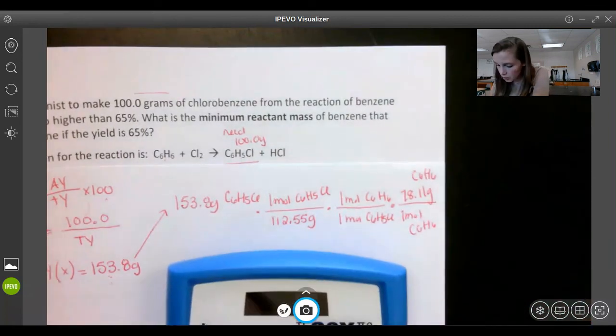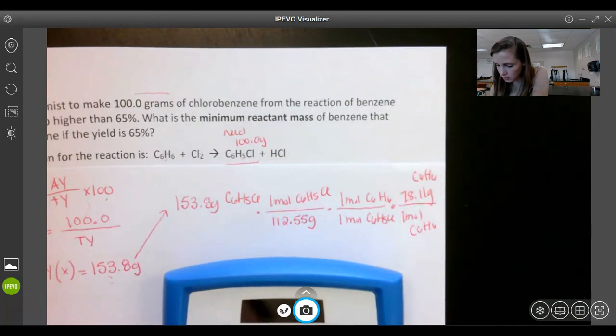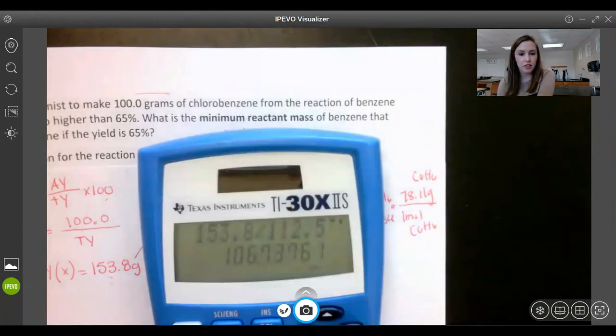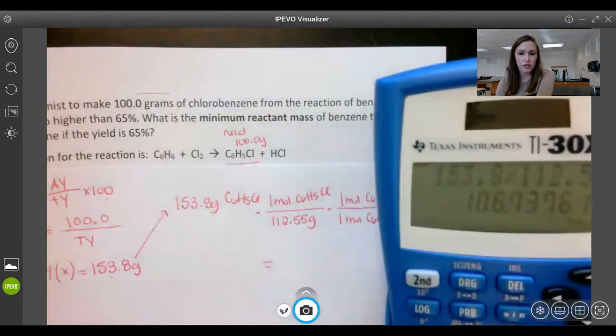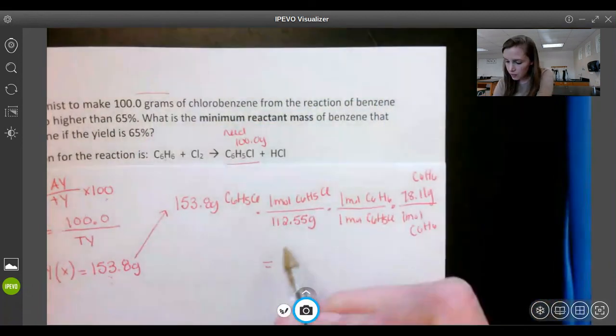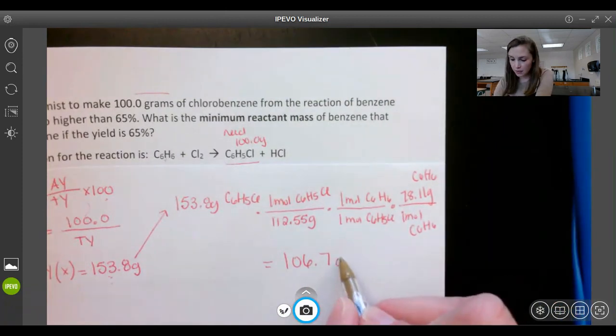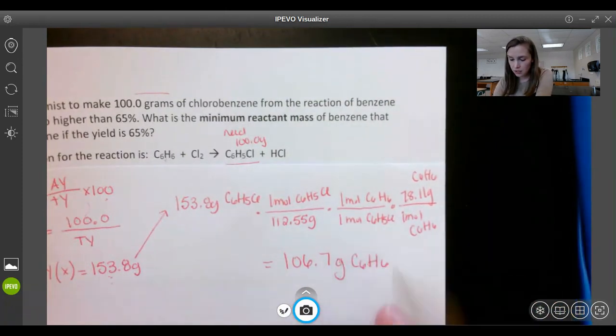Then when you go ahead and plug that in, 153.8 divided by the 112.55, times 78.11, you're going to get this value here, rounding to the 4 sig figs that I started with. I'm going to have 106.7 grams of C6H6.